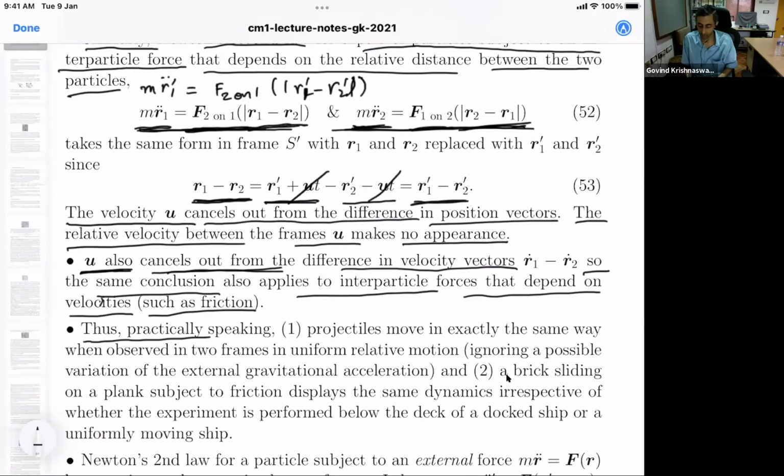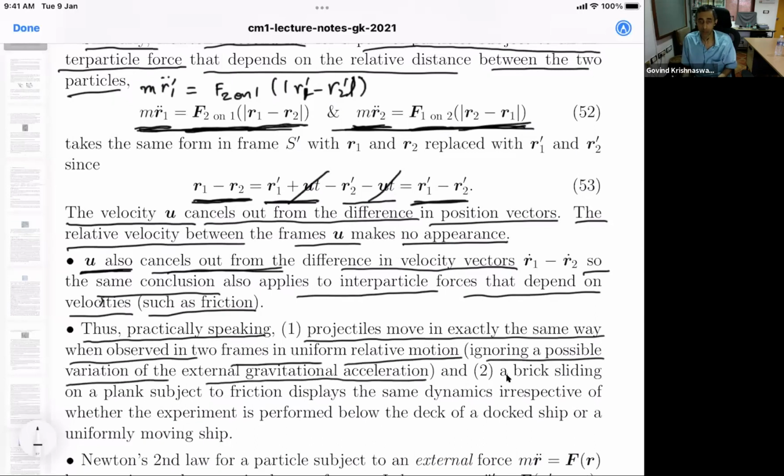Practically speaking, projectiles move in exactly the same way when observed in two frames in uniform relative motion. And in doing so, we ignore possible variations in external gravitational acceleration. Yeah, so that is an external force. We are ignoring those changes.